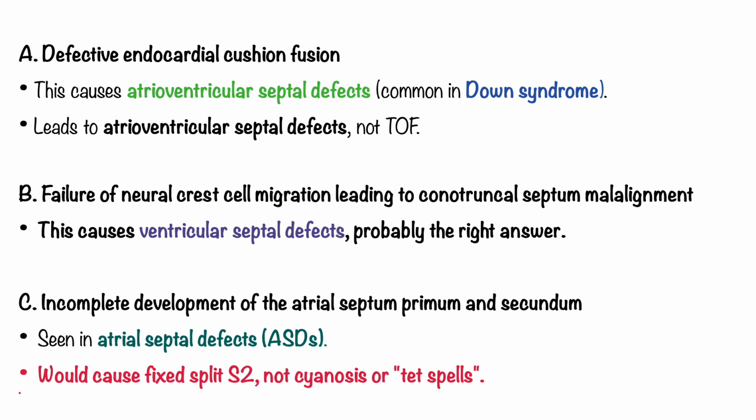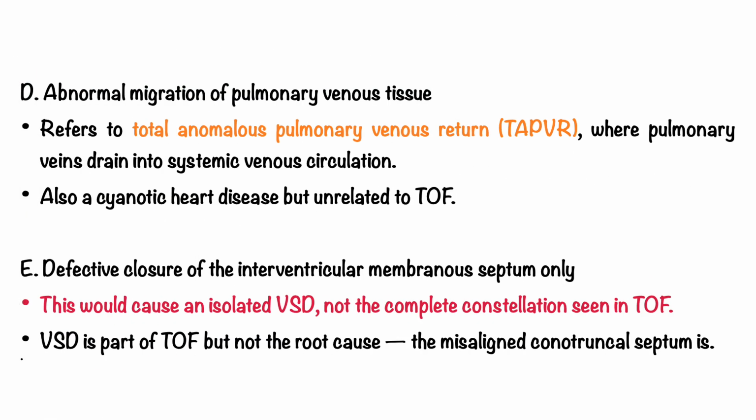And the classic feature of atrial septal defect is fixed split second heart sound, not the tet spells or cyanosis, right? The fourth option we have is abnormal migration of pulmonary venous tissue, that refers to total anomalous pulmonary venous return, TAPVR, where pulmonary veins drain into systemic venous circulation, right?